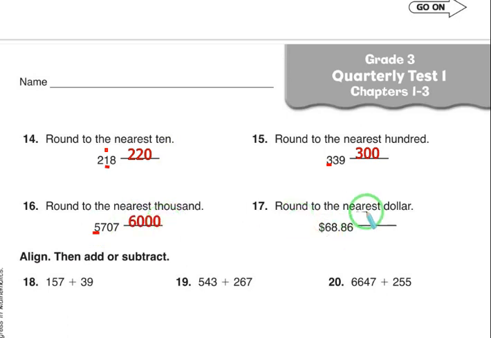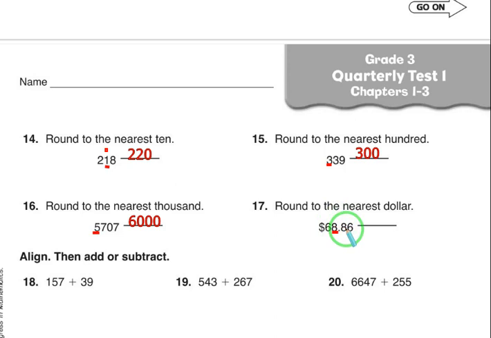Now round to the nearest dollar. Here we have $68.86, and we will round to the nearest dollar. So this is the dollar's digit, which is the 8 here. Look to the right again. Always underline the digit, then look to the right.